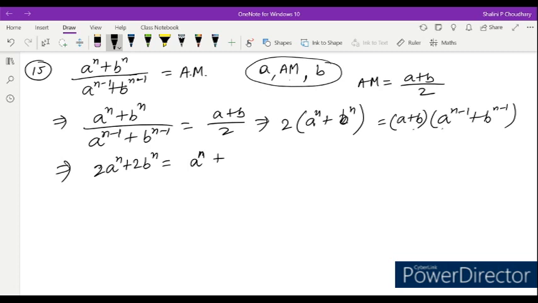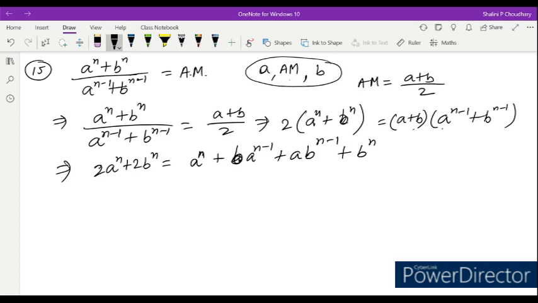Now b into a to the power n minus 1, and then we'll multiply b to the power n minus 1 into a, we get a b to the power n minus 1, and plus b into b to the power n minus 1 will be b to the power n.